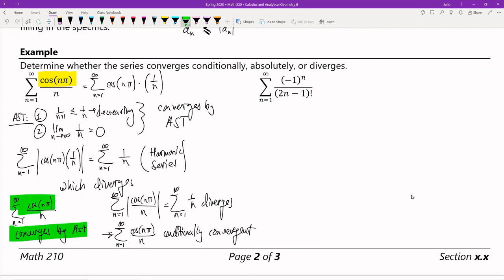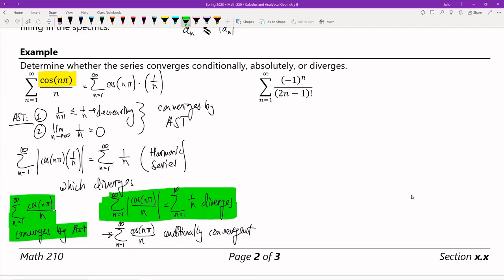Because the regular summation converged by the alternating series test, and the absolute value diverged because it produced the good old regular harmonic series.